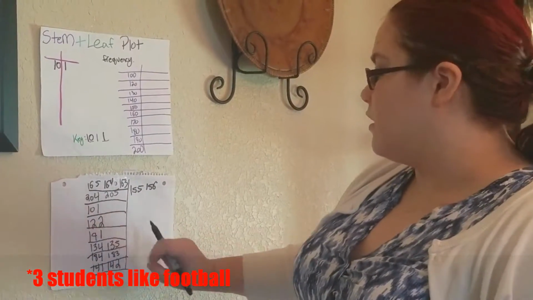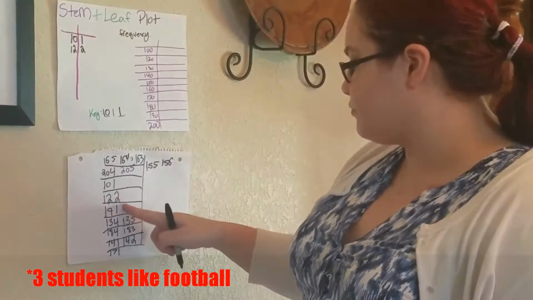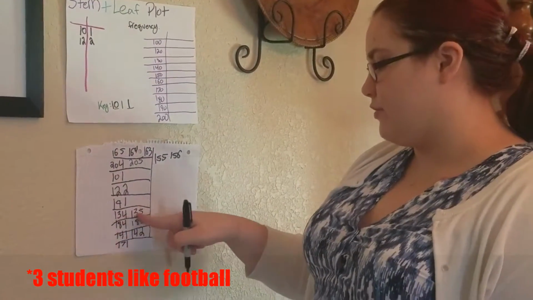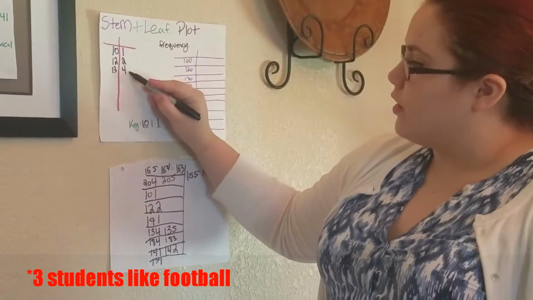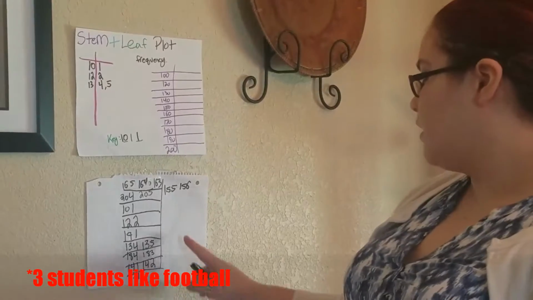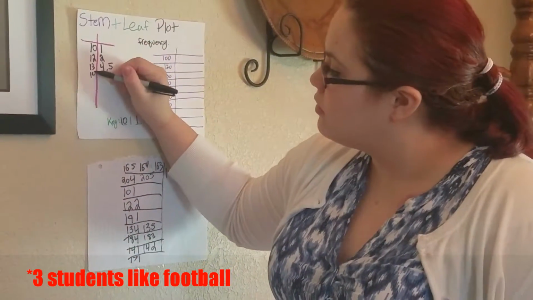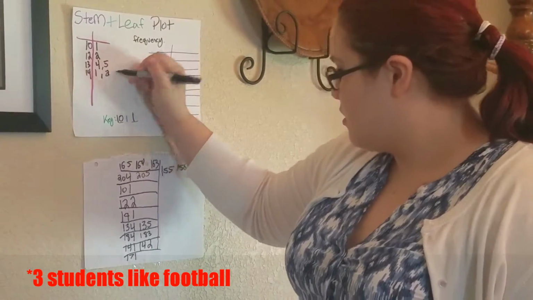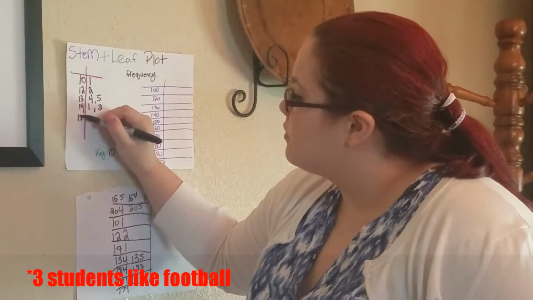The next thing is the 120s. We have 122. Now 130s, we have 134, 135, and we're just going to put a comma in between so that we know it's separate. Next thing is 140s, and we have 141 and 142. And then we have our 150s, 155 and 156.